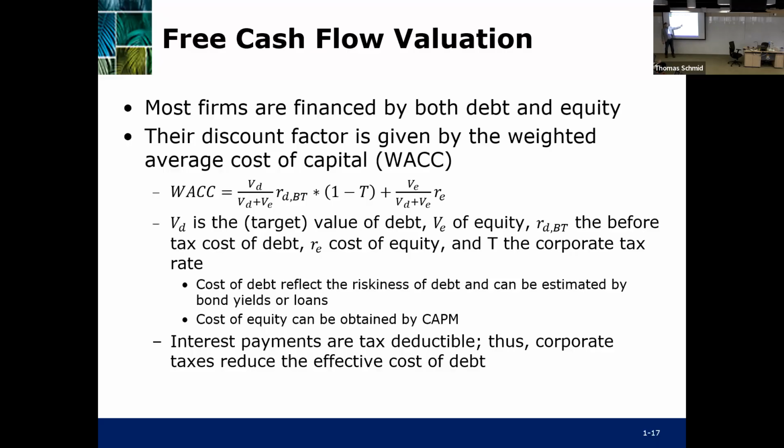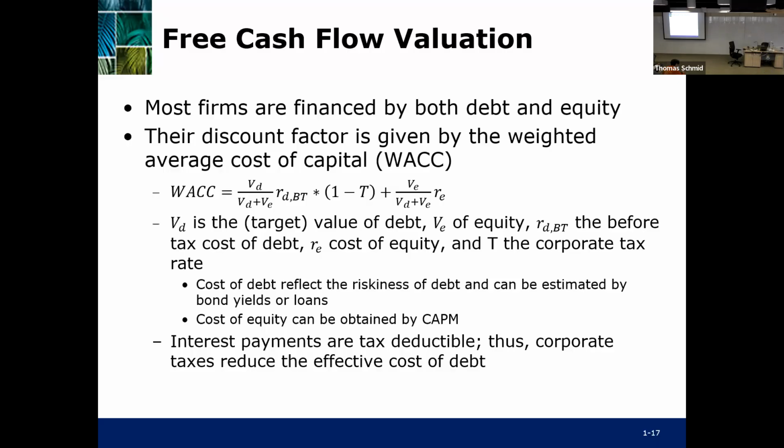Okay? So the only thing that is a little bit out of the ordinary here probably is the 1 minus T term. I guess you've seen that before, but the WACC changes with taxes. The reason is that debt financing has a tax benefit. Why? Because interest payments are tax deductible. That means if you are financed with debt, your taxes will go down, because the interest payments reduce your profits and the basis on which your tax is calculated.